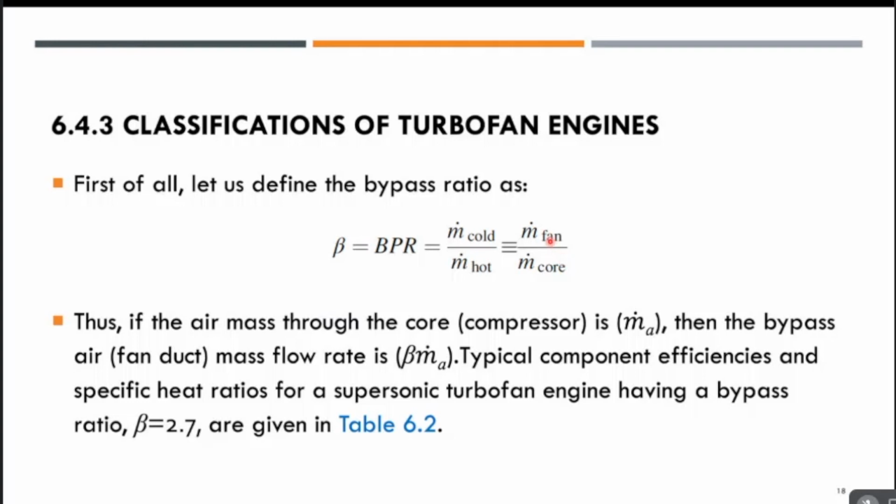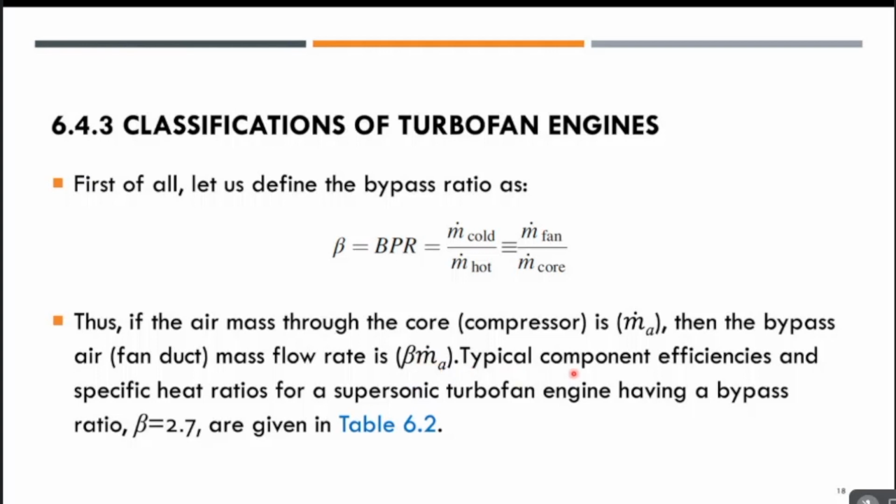The cold one just bypasses, going through the fan and then meeting the hot gases at the nozzle, and behind the nozzle they mix again. So if the air mass flow through the core of the compressor is m dot A, then the bypass air fan duct mass flow rate is beta times m dot A.